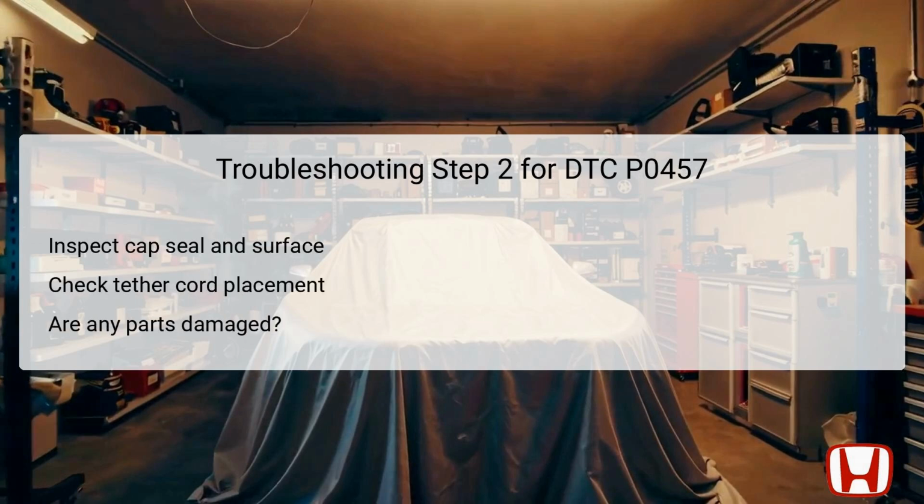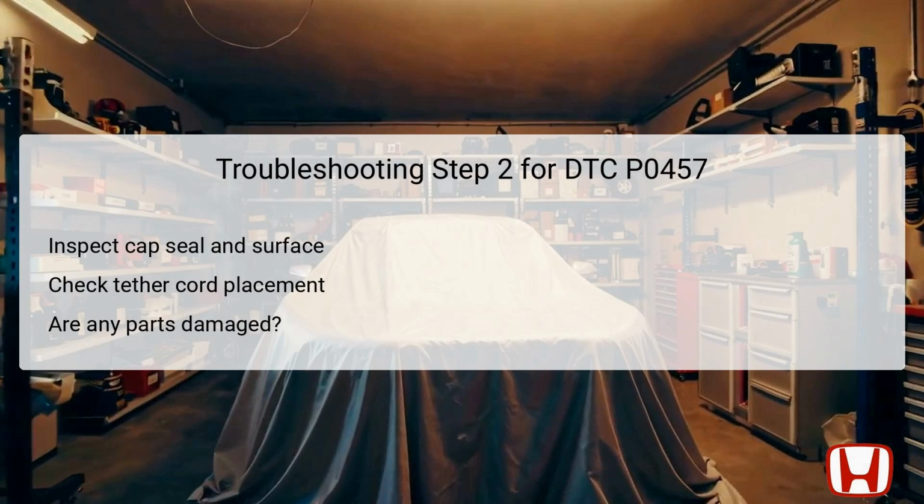The second step in troubleshooting DTC P0457 focuses on a more in-depth inspection of the fuel fill cap seal and the mating surface of the fuel fill pipe. You need to assess if the fuel fill cap seal is missing or has any visible damage, as this is critical for maintaining a proper seal.